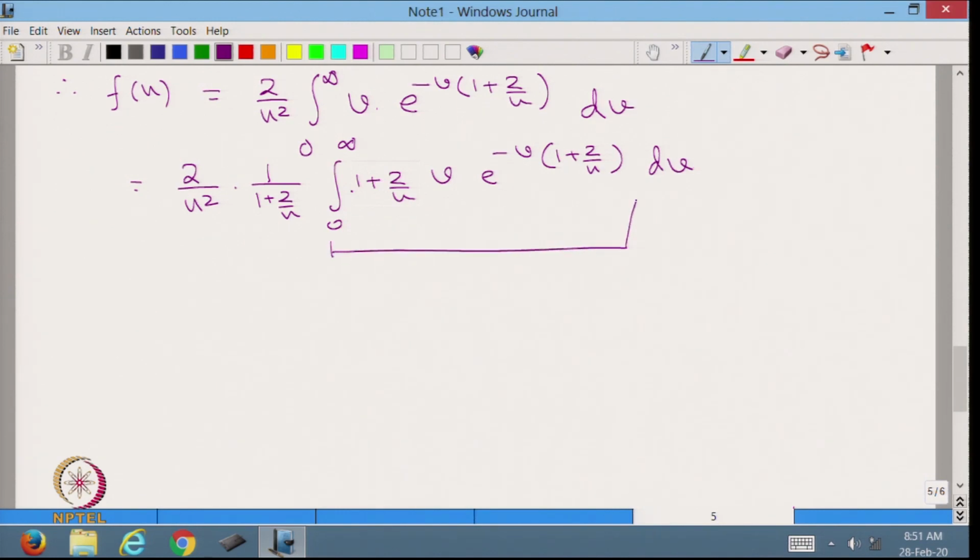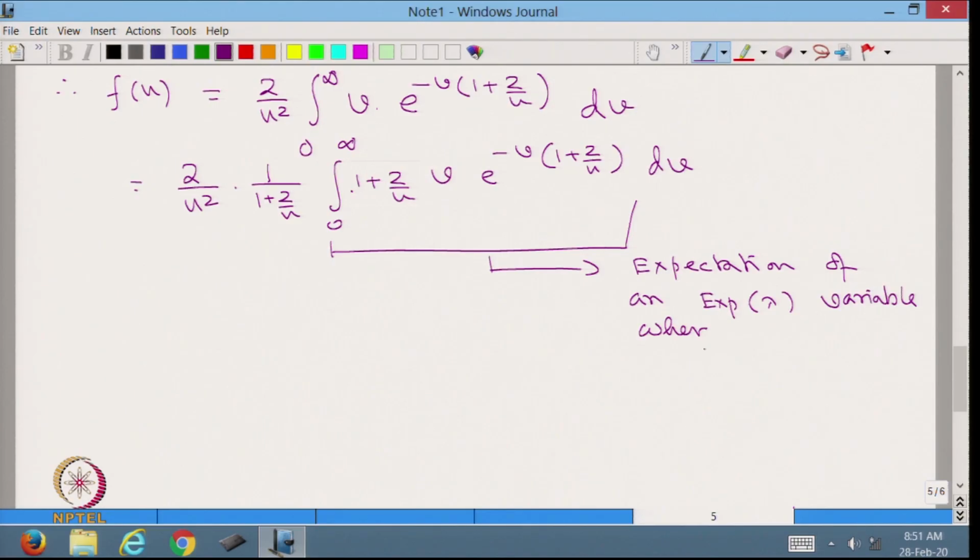Now, this is the expectation of an exponential lambda variable, where lambda is equal to 1 plus 2 by u. Therefore, expected value will come out to be 1 upon lambda is equal to 1 upon 1 plus 2 by u.